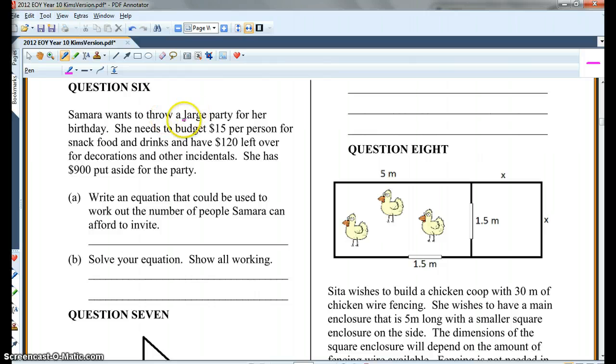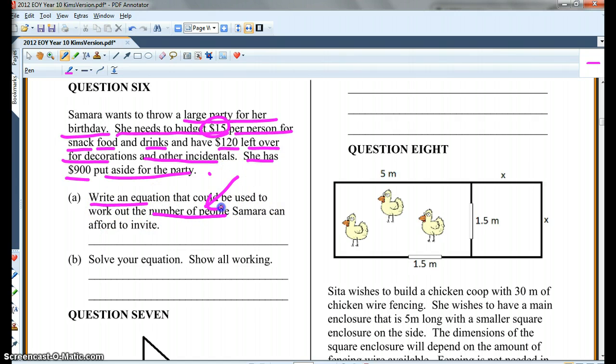Samara wants to throw a large party for her birthday. She needs to budget $15 per person for snack, food and drinks, and have 120 left over for decorations and other incidentals. She has 900 put aside for the party. Write an equation that could be used to work out the number of people, let's call that X, Samara can afford to invite.